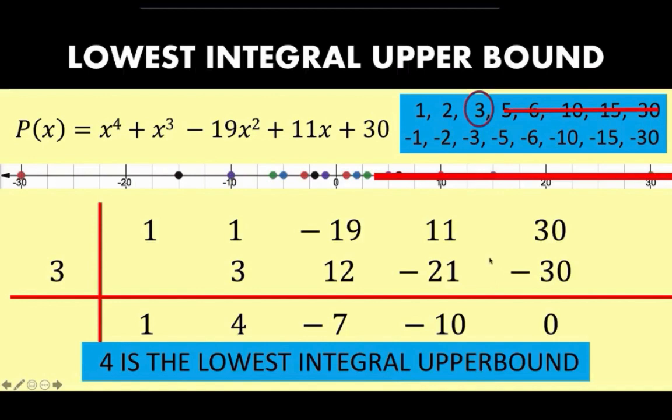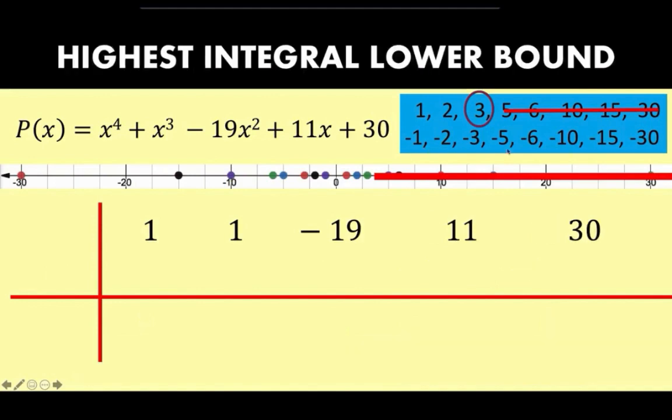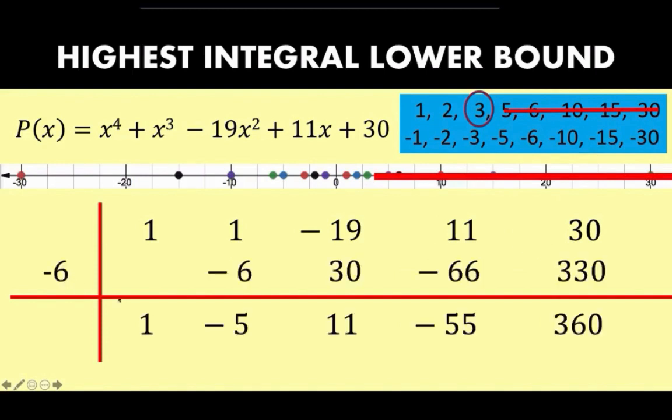Now let's try for negative roots. Let's pick any possible roots here. Let's say negative 6. If we try negative 6, notice the signs in the last row. You have 1, negative 5, positive 11, negative 55, and positive 360. There are alternating signs, from positive to negative, back to positive.